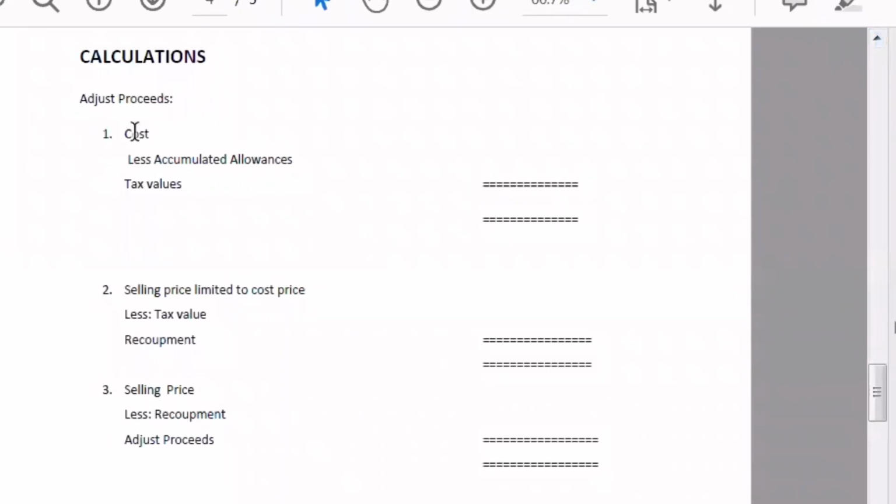So we've got what they call capital gains. Capital gains is triggered if you literally sell a capital asset, meaning SARS wants to tax you on the gain that you made from selling, disposing the capital asset.